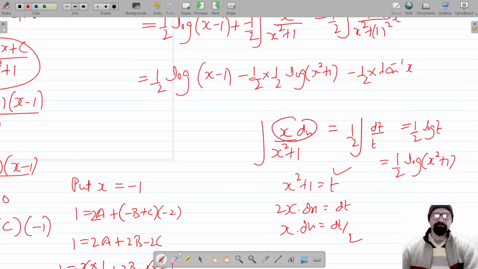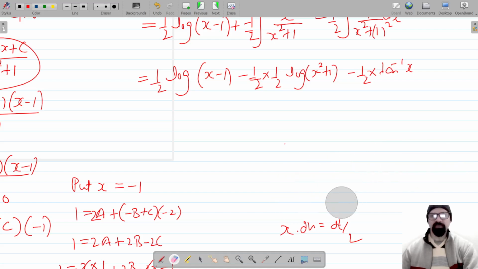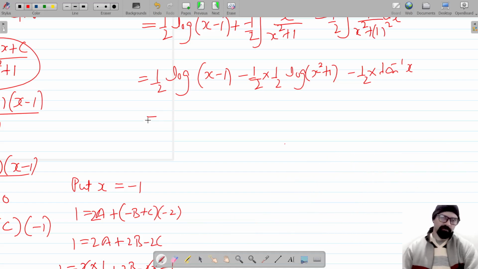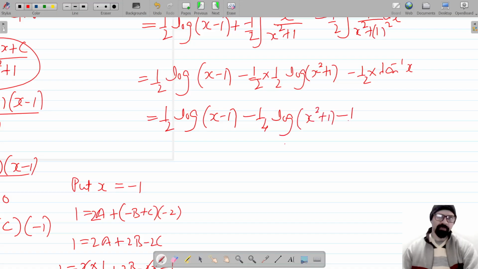Finally, I1 is now half log of x minus 1, minus 1 by 4 log of x squared plus 1, minus half tan inverse x. Let me fill in this value here: half log of x minus 1 minus half tan inverse x minus 1 by 4 log of x squared plus 1.